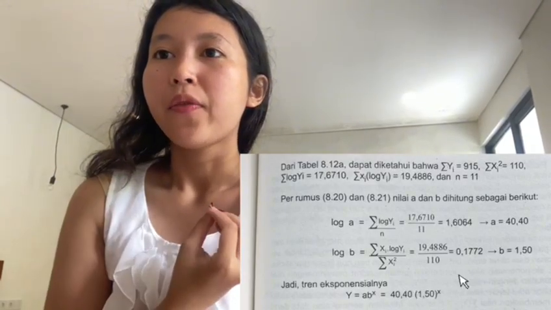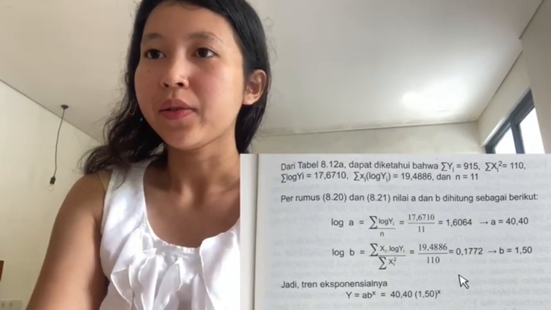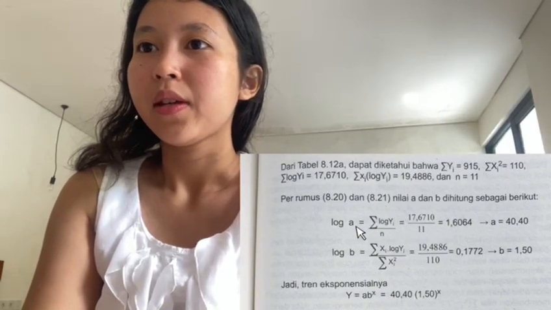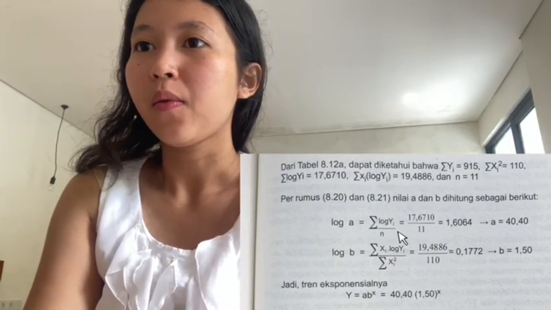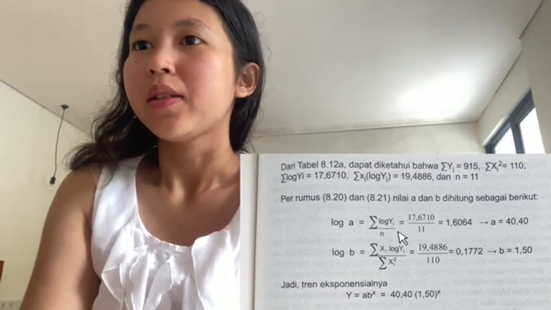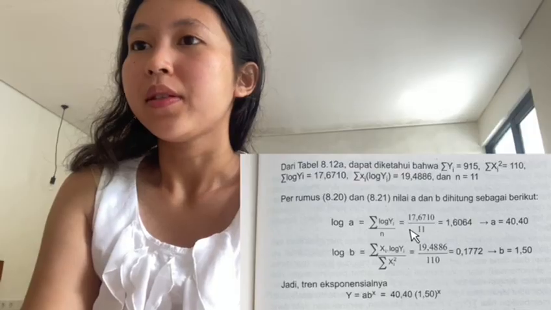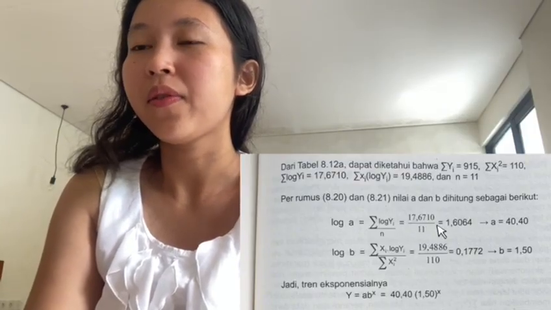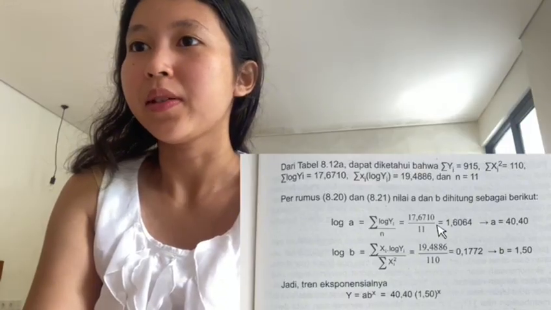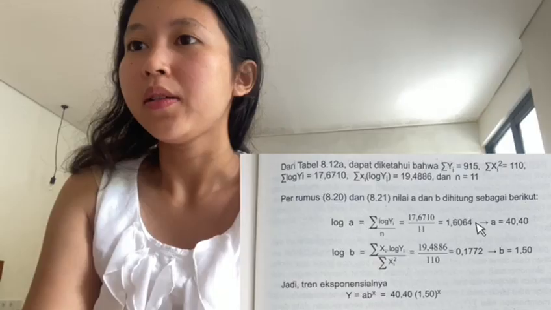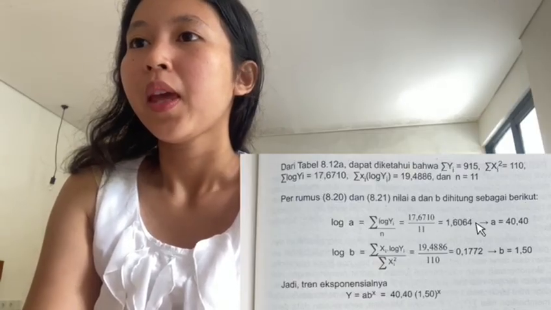For finding the value of a, we use the log a formula, which is sigma log yi divided by n. It is 17.6710 divided by n, which is 11, and the result is 1.6064.